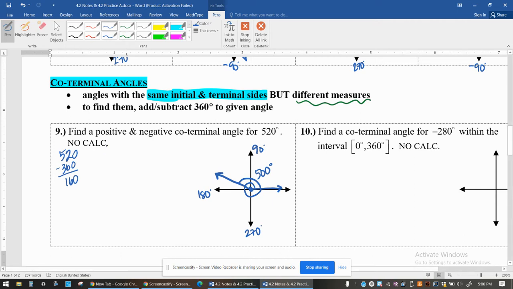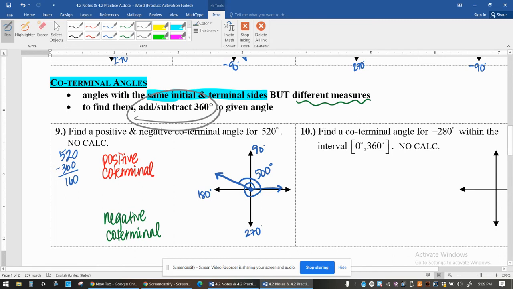So notice the directions say find one positive coterminal and they want a negative coterminal. Okay, so my positive coterminal, technically I've already found it by doing 520 minus 360.